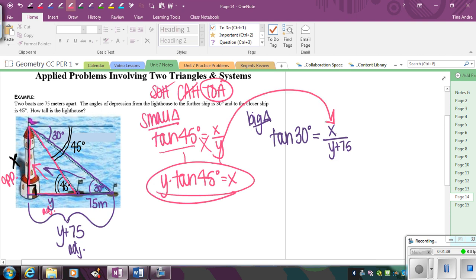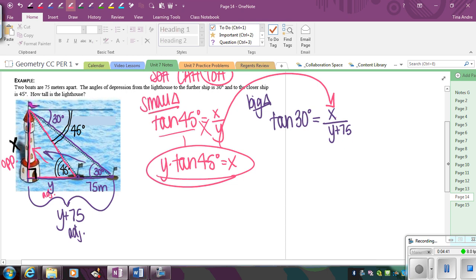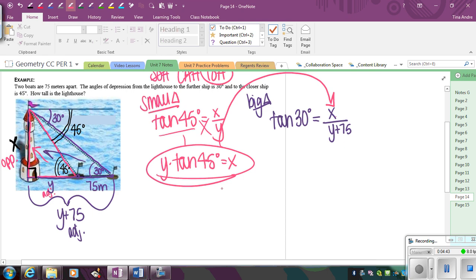I can plug that in now, or you could cross multiply and then plug it in. It doesn't really make a difference. So let's just say I go ahead and rewrite this and plug in that x. I'm going to replace x here, so it's going to be equals y times tan 45, and then on the bottom, I have y plus 75. So now I have this equation that has only y in it.